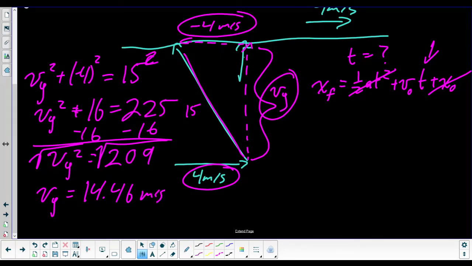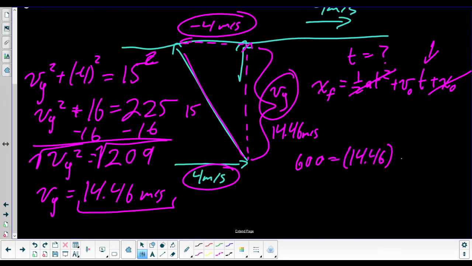So if we use some of our velocity to cancel out the flow of the river, we're still going to be able to cross at a rate of 14.46 meters per second. Now we're just going to plug our numbers in. X final is going to be 600, because that's how wide the river is, equals 14.46 meters per second times time for how long it's going to take to get across the river.